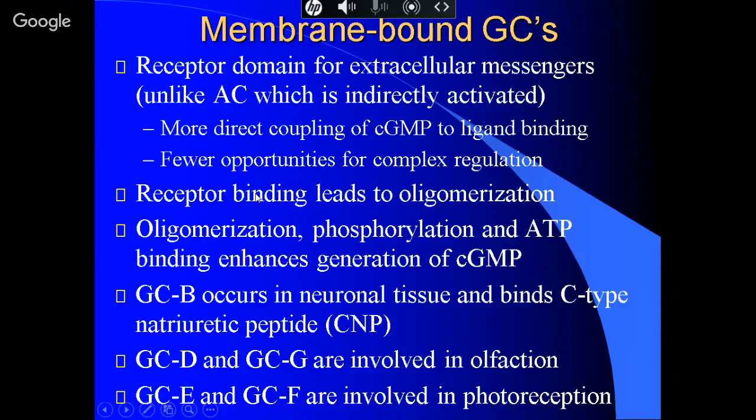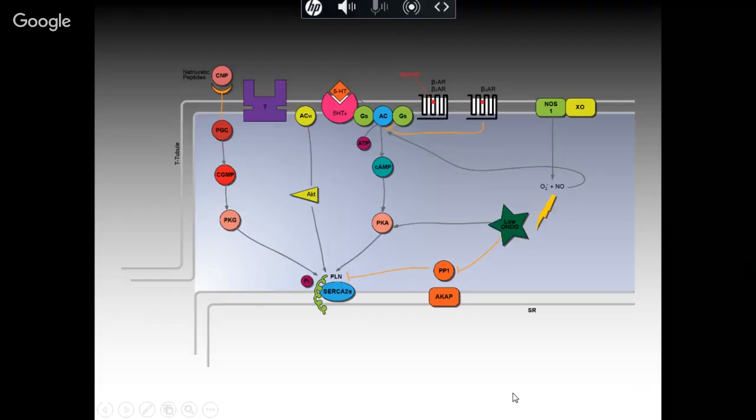The receptor binding leads to oligomerization, which combined with phosphorylation, ATP, enhances the generation of cyclic GMP. B type does occur in neuronal tissue, but so does the C type, okay, natriuretic peptide is the primary one in brain. D and G are in olfaction, E and F are often photoreception.